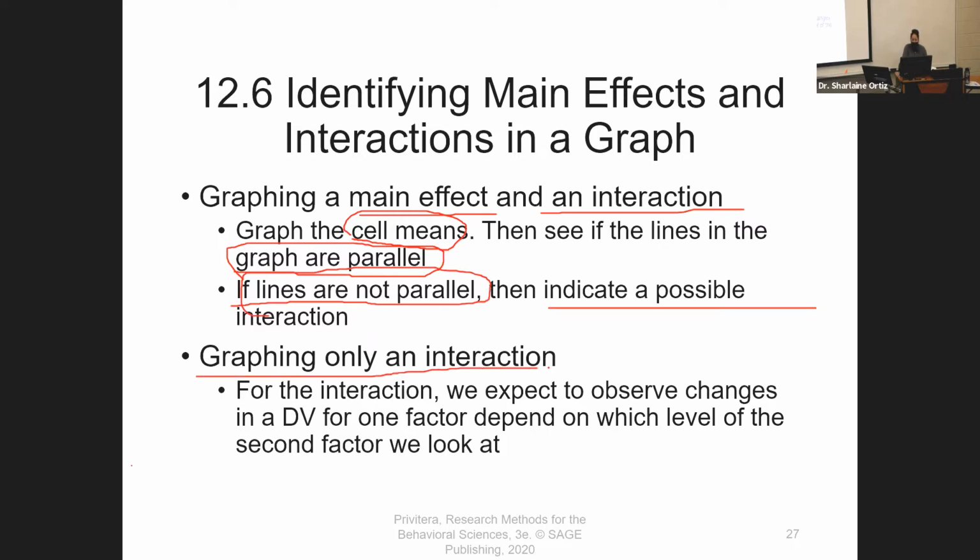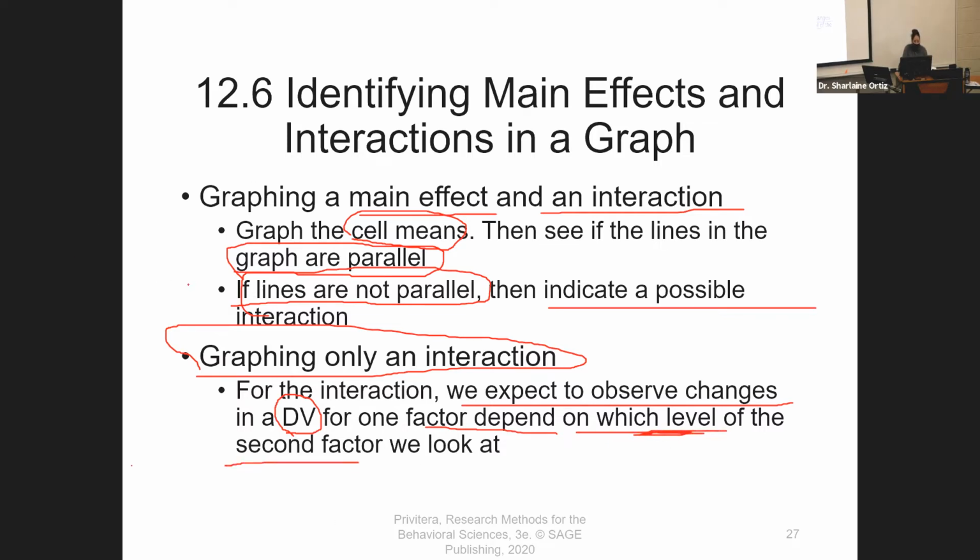Now, if you're only interested in looking at an interaction, we would expect to see changes in that dependent variable to be different. We would expect that one factor will depend on a specific level of the second factor.